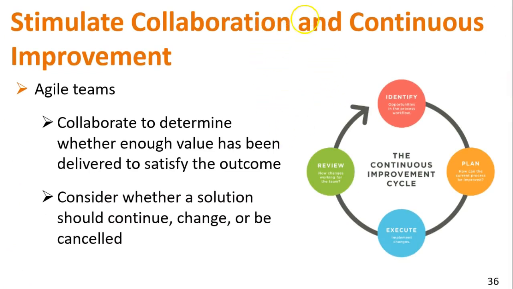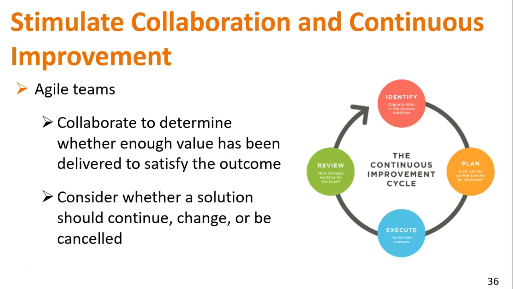Agile teams, in terms of collaboration and continuous improvement. Obviously, at this level, we're mostly looking at using the information that's coming from the downstream streams, from the customers and from the people who are doing the work, the delivery teams.